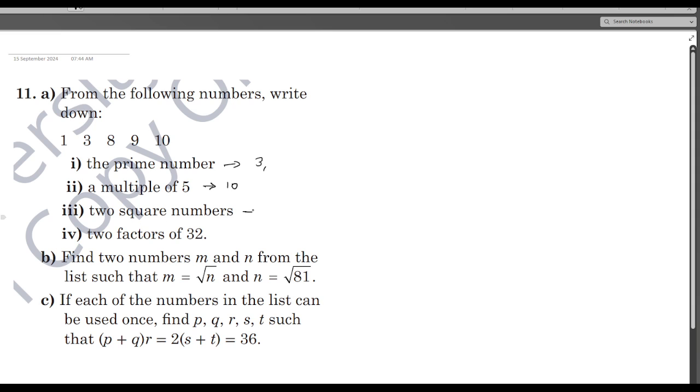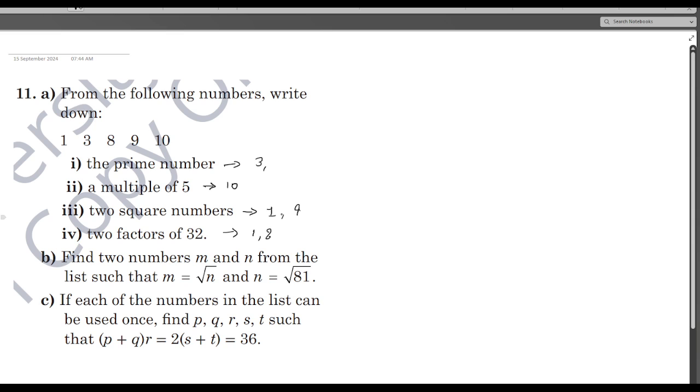Two square numbers. So your 1 is a square number and your 9 is also a square number. And 2 factors of 32. So we will begin with 1 as a factor and 2 is also a factor, but 2 is not here. So we will take 8 as a factor. 8 times 4 is 32. So 8 is also a factor.